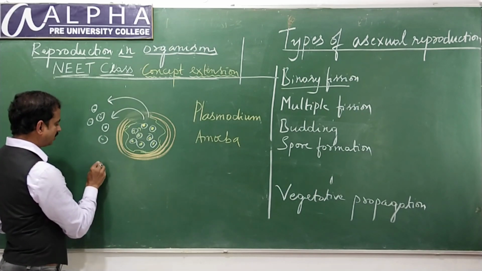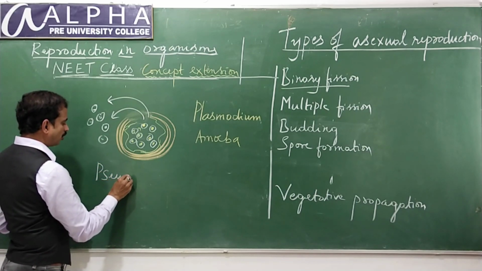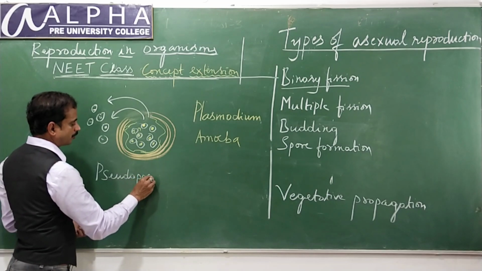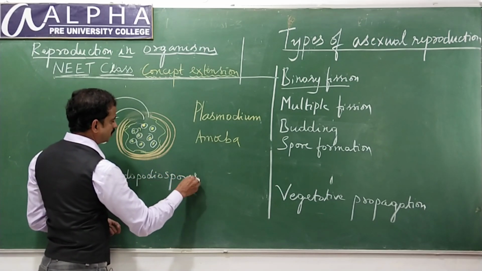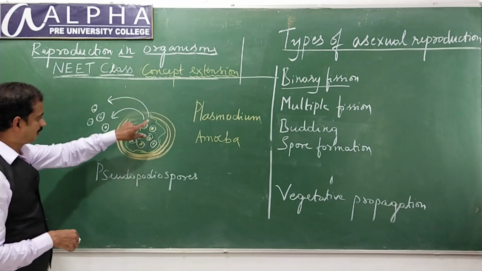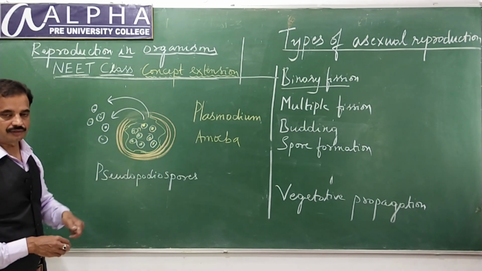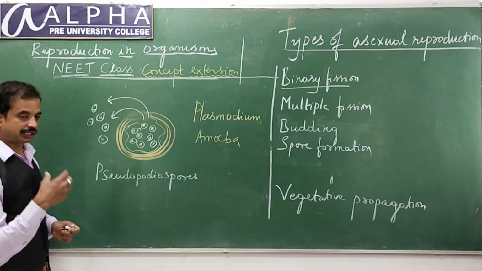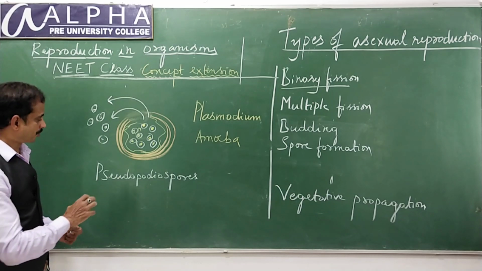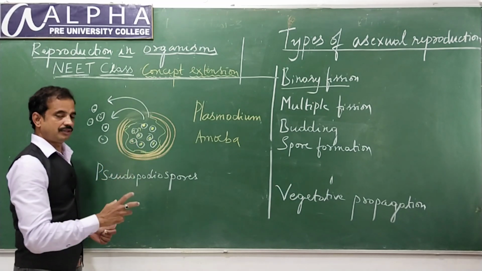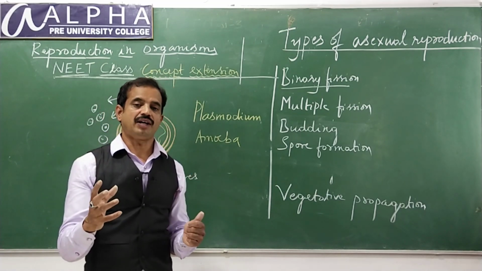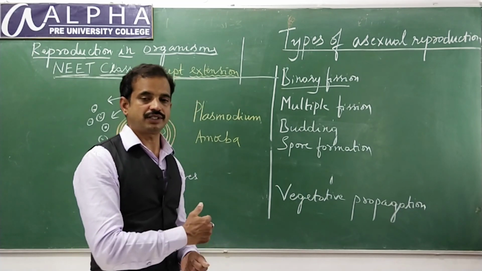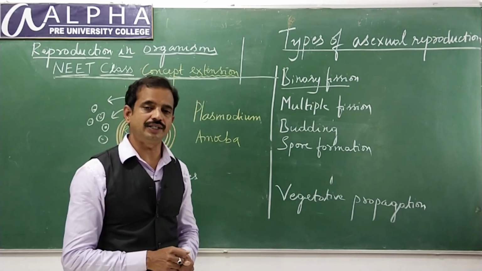And you have studied that these are also called pseudopodiospores. Pseudopodiospores, a process of encystation taking place during unfavorable condition, wherein amoeba is undergoing multiple fission. During this, the nucleus divides first to give rise to many daughter nuclei.